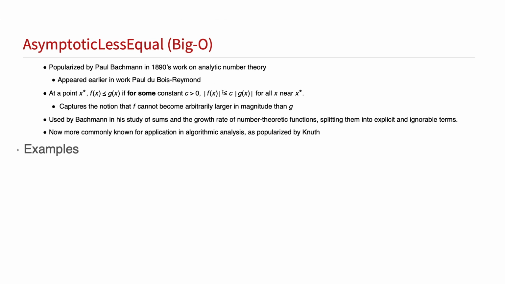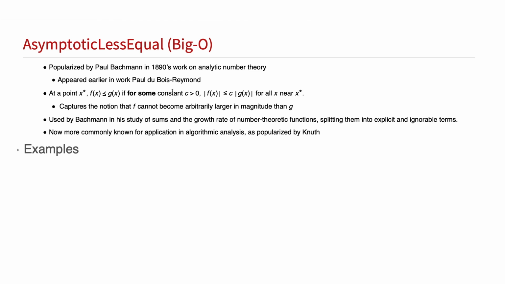So, asymptotic less than or equal, as we call it, more popularly known as Big O. It was popularized by Paul Bachmann in the 1890s in work on analytic number theory, building on some earlier work.